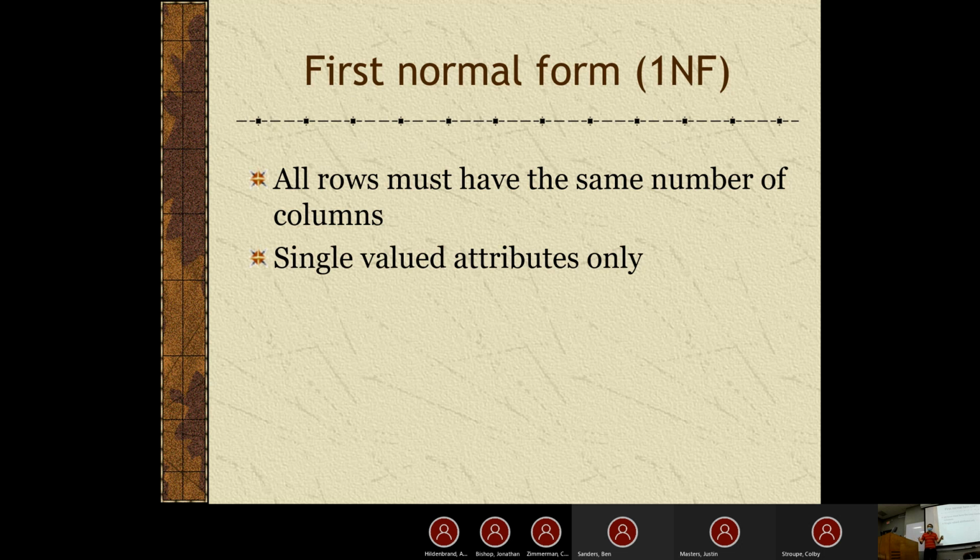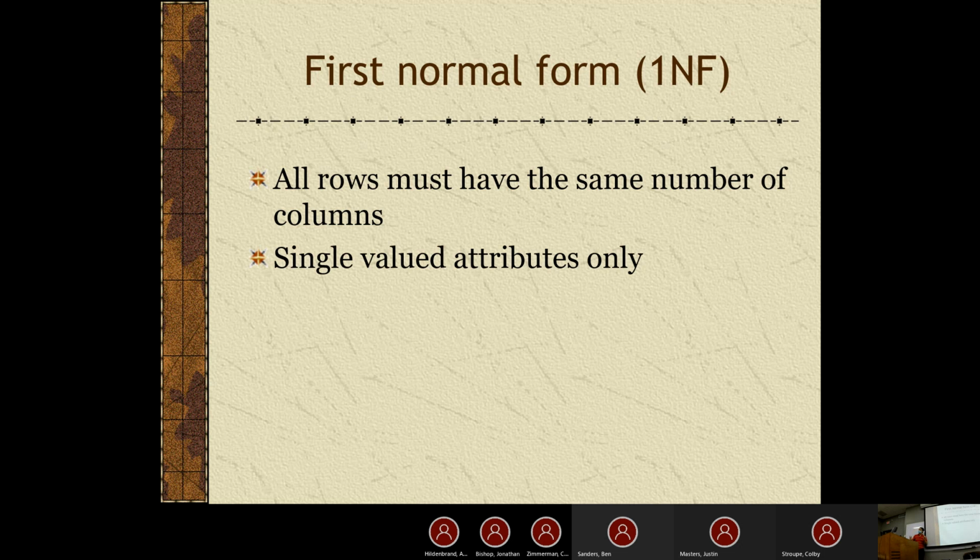This doesn't necessarily imply that there are no null values, but we're not having a case where only certain records have certain columns associated with them. This isn't necessarily what we consider well-formed at this stage, and it's not high fidelity, but at a minimum, we only have single-valued attributes.